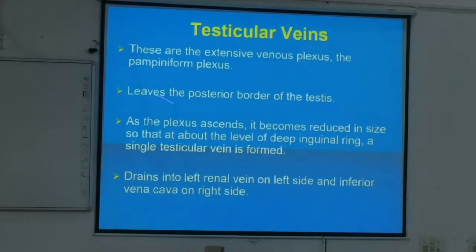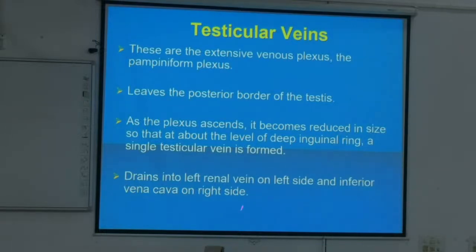Next, testicular veins. An extensive venous plexus is present, the pampiniform plexus of veins, and they leave the posterior border of the testis. As the plexus ascends, it becomes reduced in size so that at about the level of the deep inguinal ring, one single testicular vein is formed. And on the two sides, right and left, drainage of this testicular vein is different.